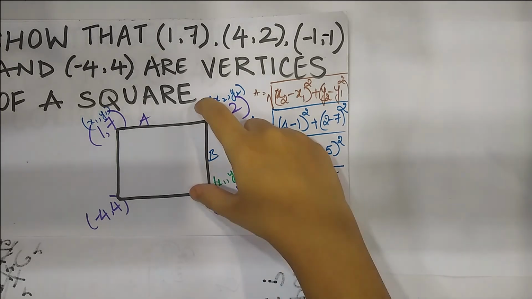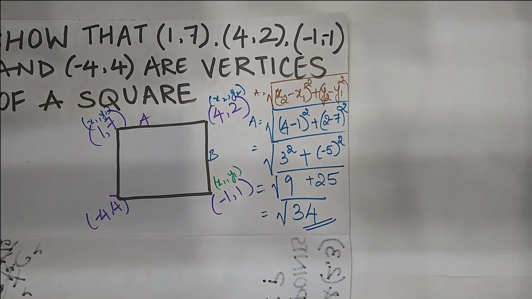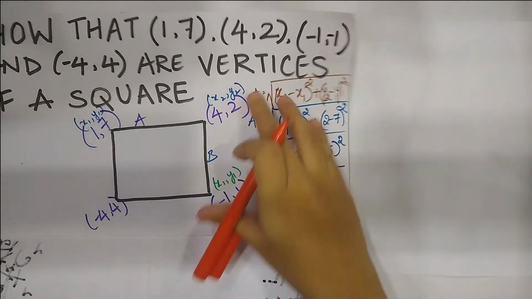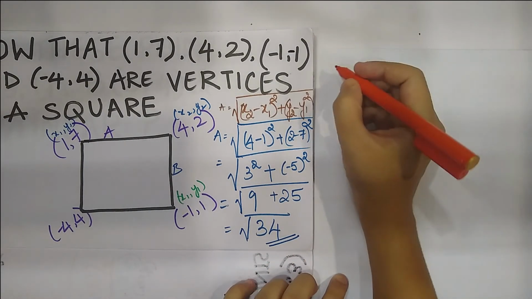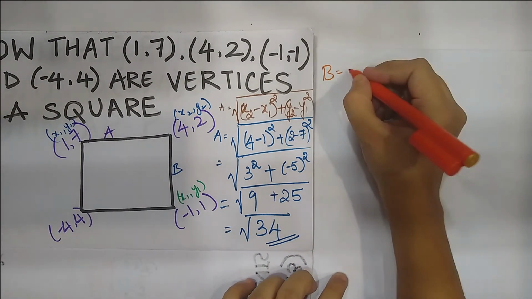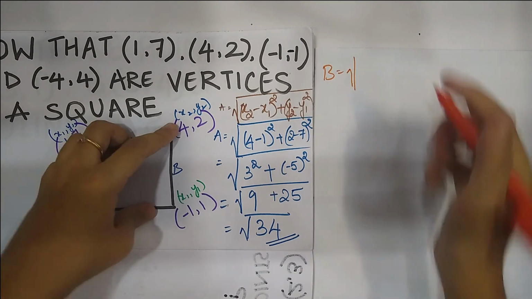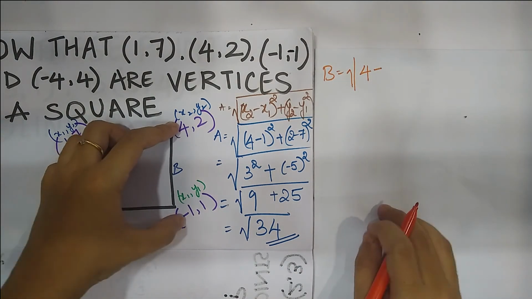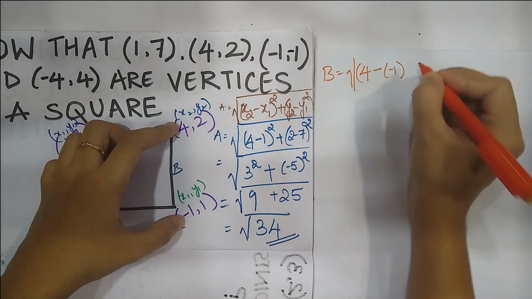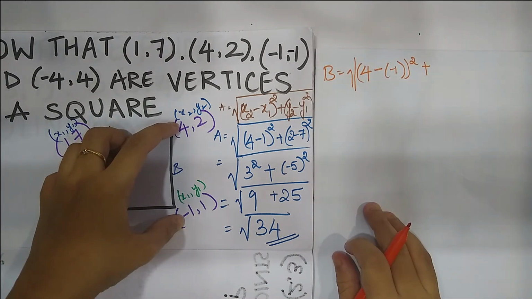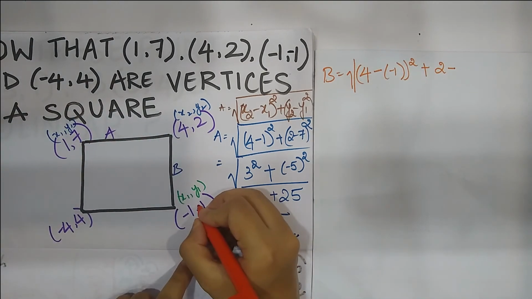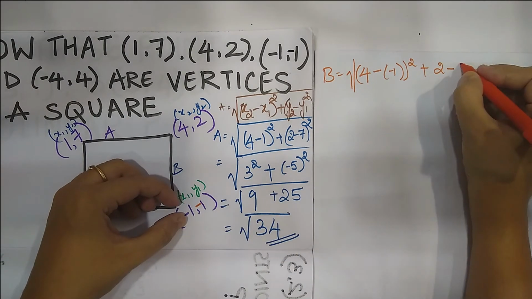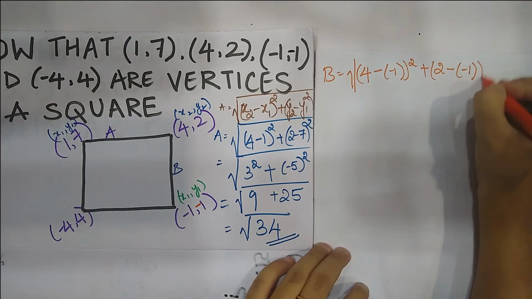So this side I have named as B. We have these two coordinates that we will choose, and we will place these x2, y2, x1, y1 in the distance formula to get our distance. So B will be equal to square root of x2, which is 4, minus x1, which is minus 1, the whole square, plus y2, which is 2, minus y1, which is minus 1, the whole square.